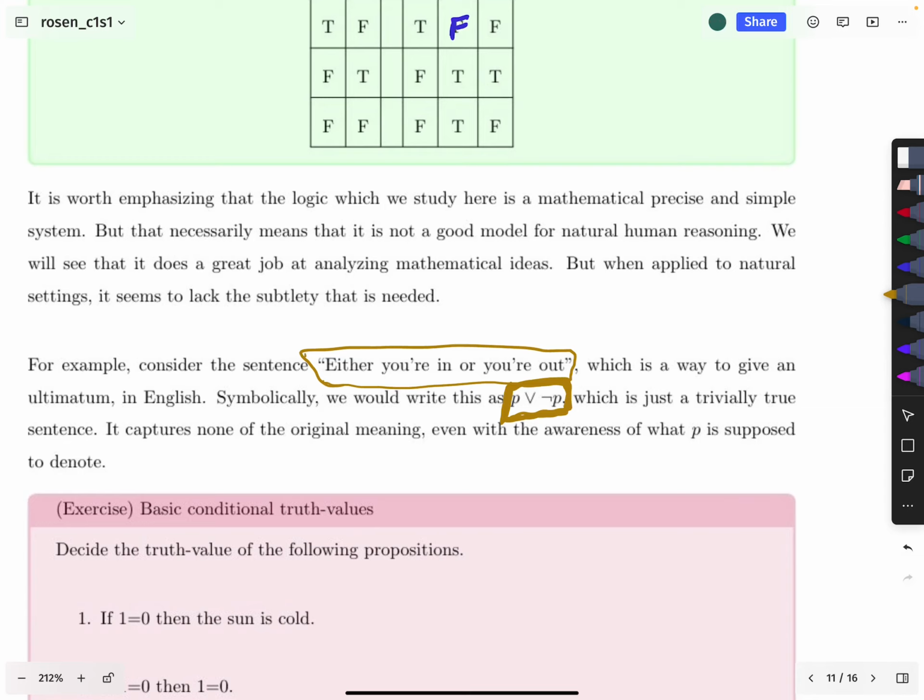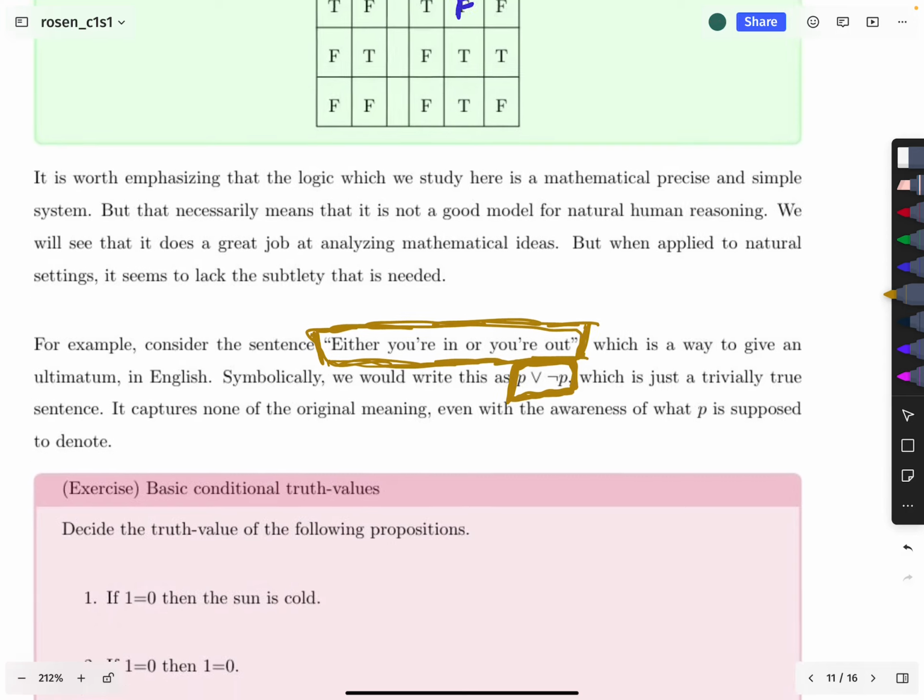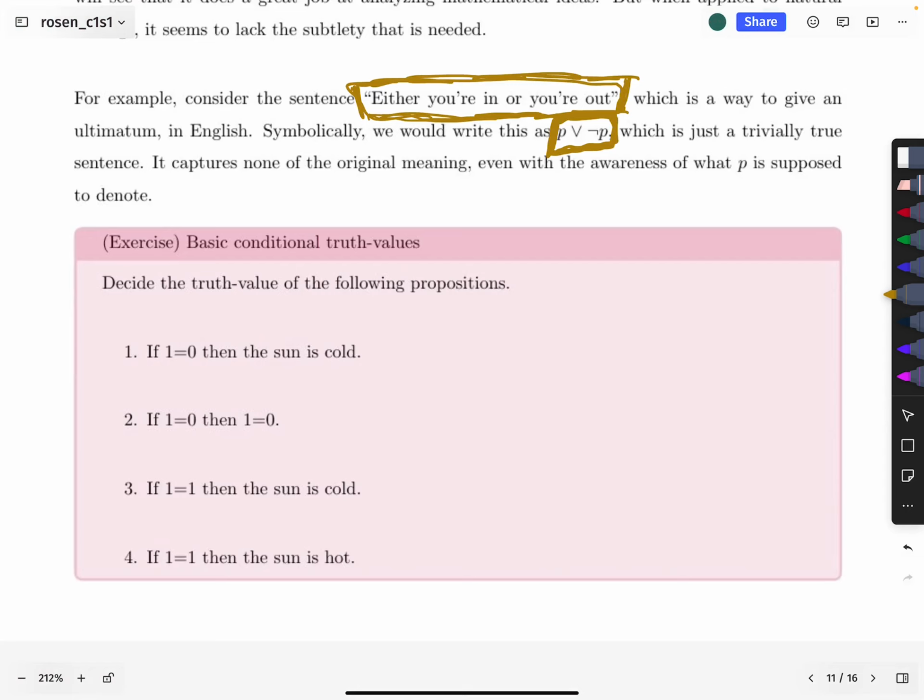So clearly with natural English, there's just this not perfect match between what we say and what it formally communicates versus what it really effectively communicates. So anyway, let's get into this next exercise.